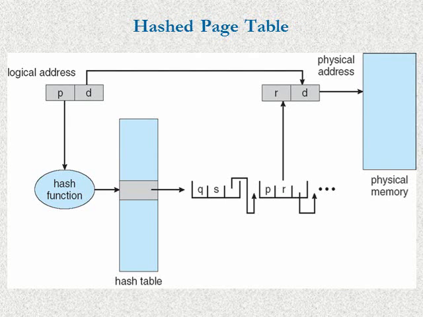So here we have the concept of the hashed page table at work. You can see that an actual page number is passed to a hash function that generates a virtual page number, and that virtual page number is stored in the page table against the frame number.